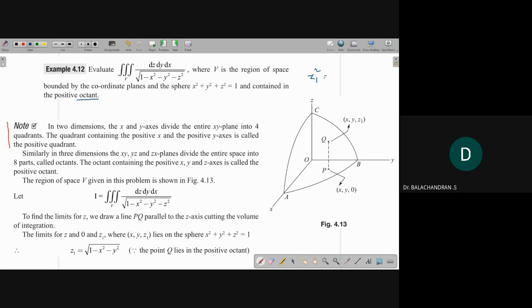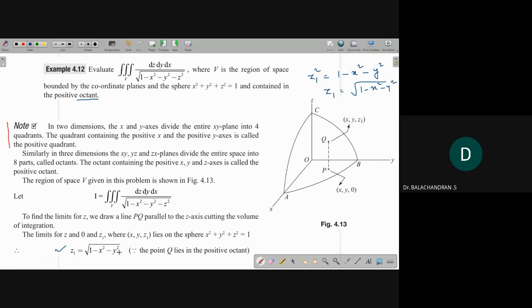Z1 square equal to 1 minus x square minus y square. So I need z1. Z1 equal to plus or minus, but we are in the positive quadrant. So that's why it is root of 1 minus x square minus y square.